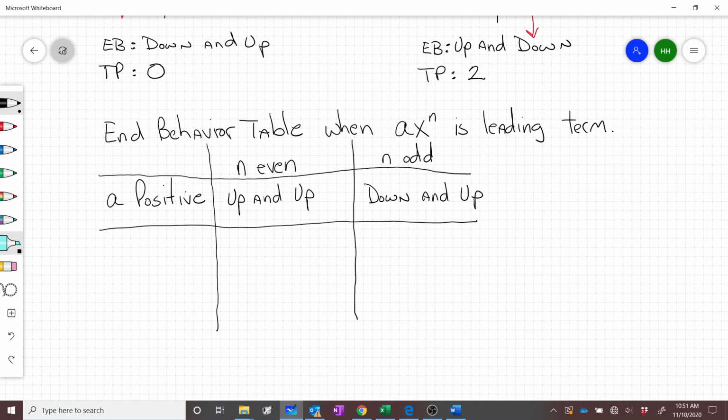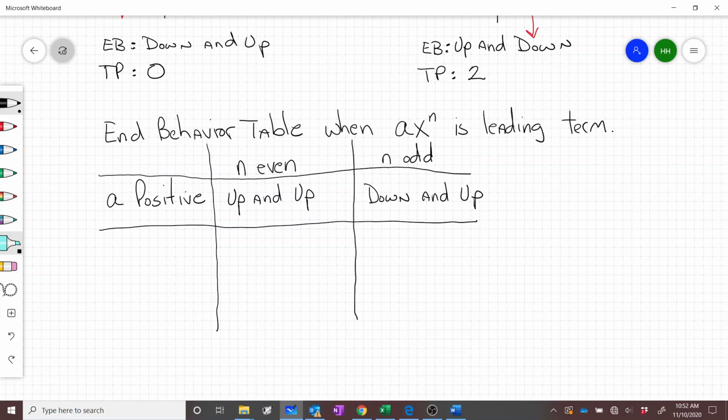Alright, a is the number in front of the leading term. N is the exponent of the leading term when it's in standard form. So if your a is a positive number and your exponent is even, the end behavior is up and up. If your a is positive but your exponent is odd, then your end behavior is down and up.